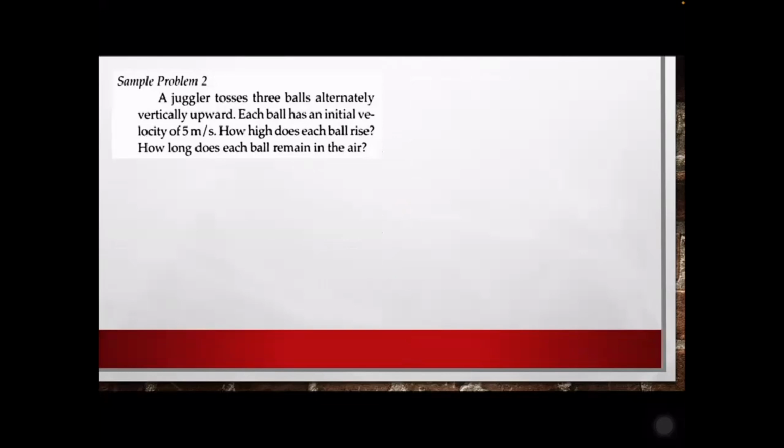How high does each ball rise, and how long does each ball remain in the air? Remaining in the air is the stopping at the top I mentioned. Experiment by throwing a ball upward. When it reaches the peak, it stops there for a few seconds to prepare to come down. So what are the givens in the problem? What is this 5 meters per second? Anyone?